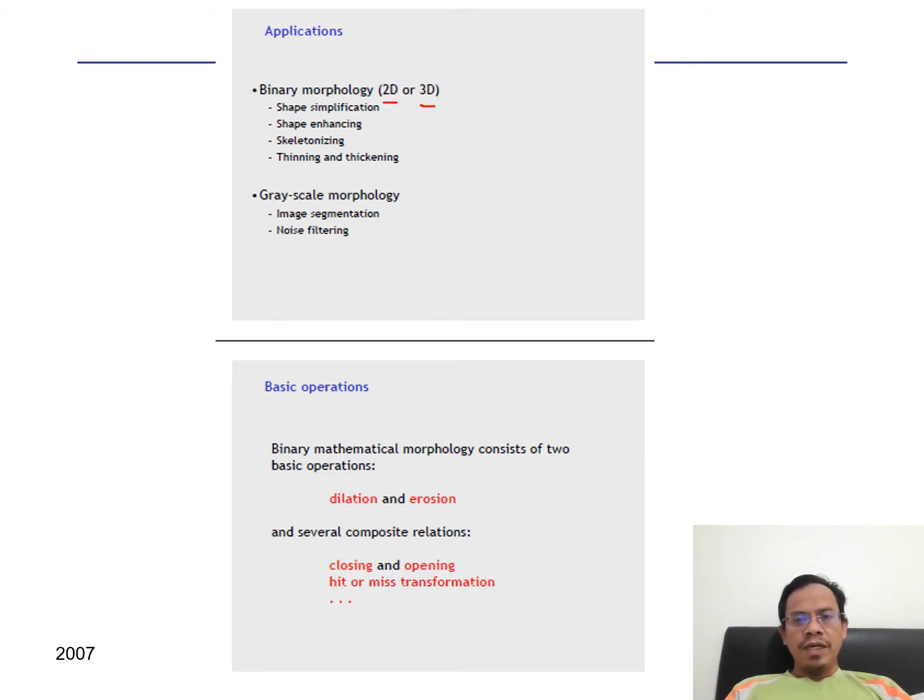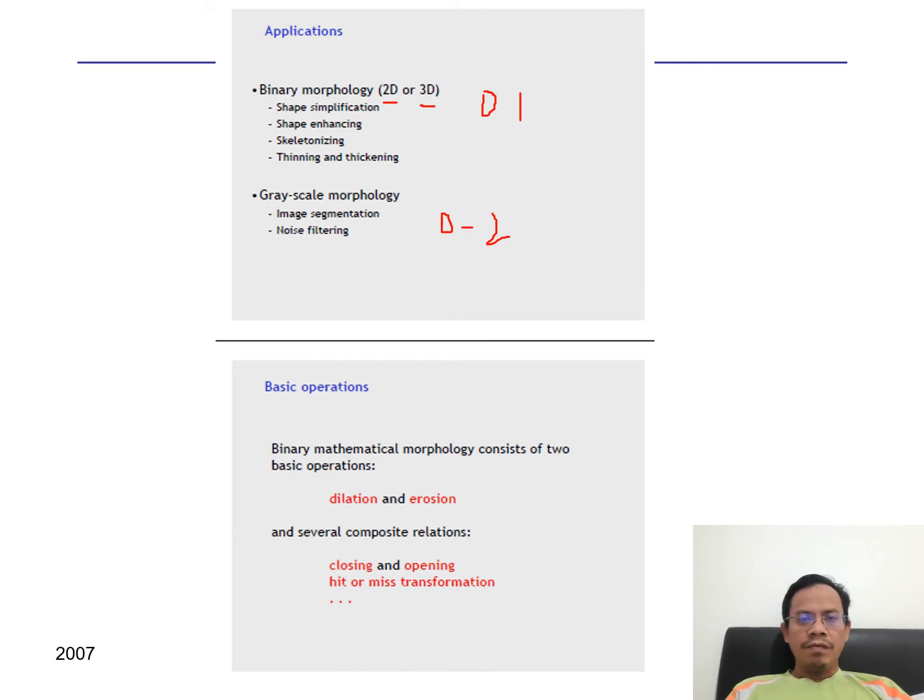If we have an image in binary, binary means 0 and 1. Grayscale is 0 to 255. So if we perform morphology on the binary image, its applications are shape simplification, shape enhancing, skeletonizing, thinning and thickening.